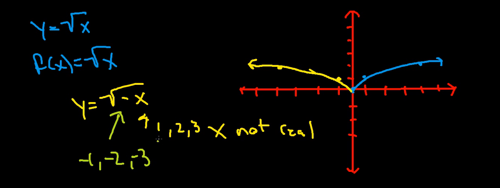And so on, for minus 3, minus 4, and forever and ever. Essentially what we're doing is we're replacing x with minus x. So this is how a reflection about the y-axis would look like in a general form.